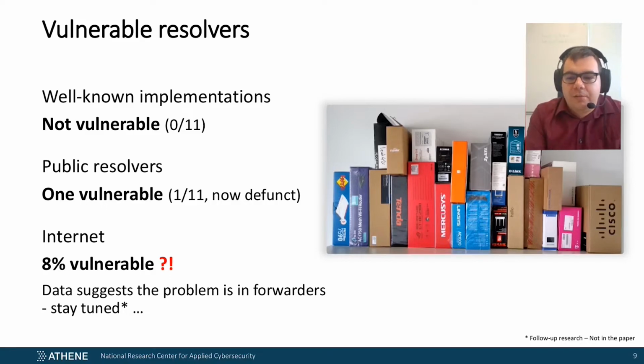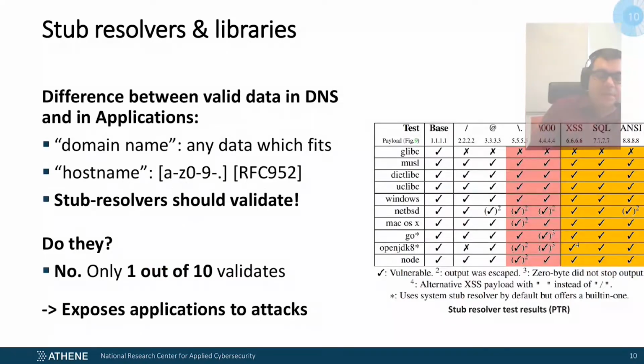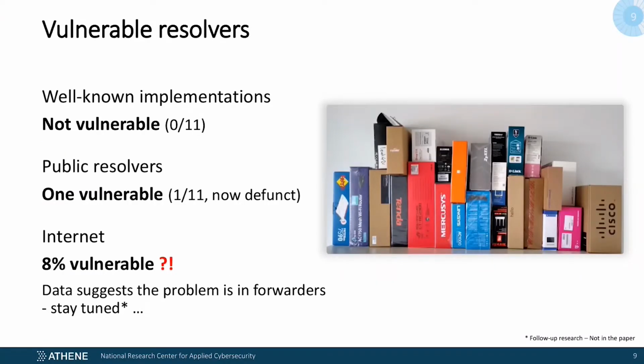What we are currently doing in a follow-up research to the paper is looking into the DNS implementations in embedded routers, as our data from the Open Resolver study suggests that the problem exists in those devices. That was the DNS resolvers. So we can conclude that the DNS resolvers handle data transparently, but in some cases they even have vulnerabilities.